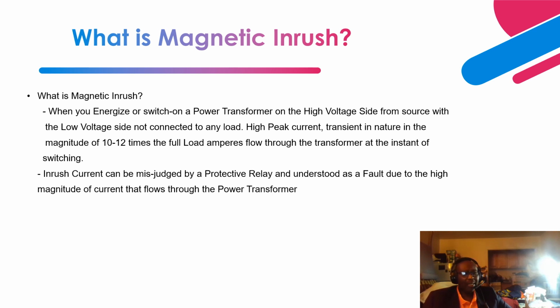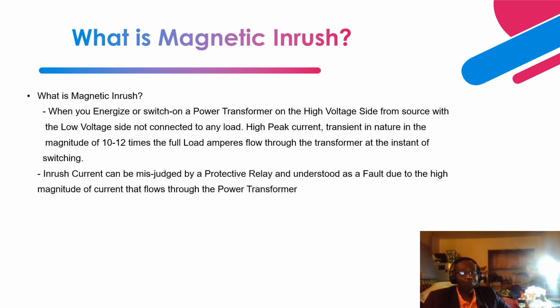Now let's look at the difference between an inrush current and an actual fault current. An actual fault current has a lower magnitude of second and fourth harmonics and third and fifth harmonics, whilst an inrush current has a higher magnitude of second, fourth, third and fifth harmonics.